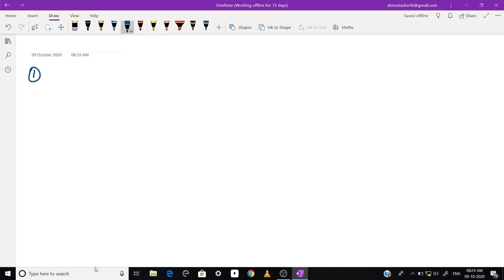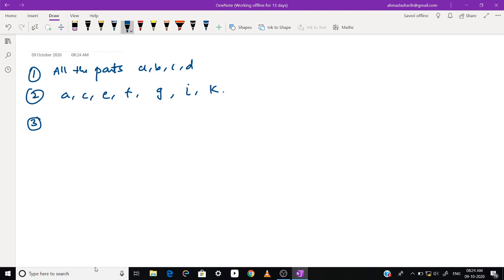In question number 1, you have to do all the parts, means you have to do A, B, C, D. In question 2, you have to do A, C, E, and F, G, of course, G is very important, and then I and K. Question 3, you have to do A, C, E, G, that's it.